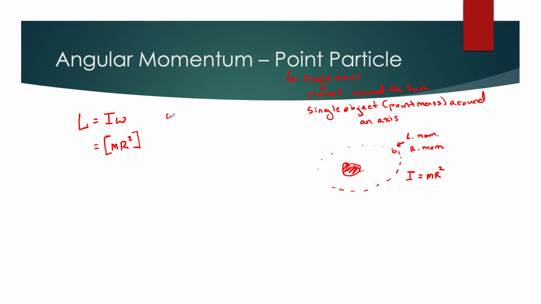And omega we know, if we rewrite our linear momentum like this, v equals r omega, then we can get our angular as v over r. We'll make that uppercase R. And then we could start to get rid of some stuff, and we'll see that L, our angular momentum, is just mRv. Angular momentum for a point mass.